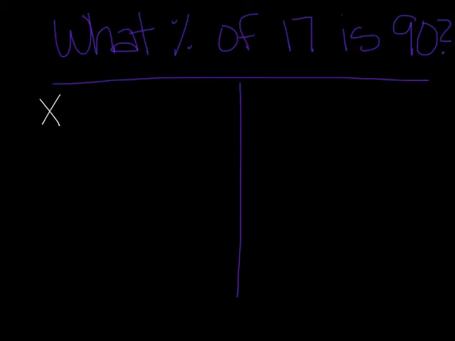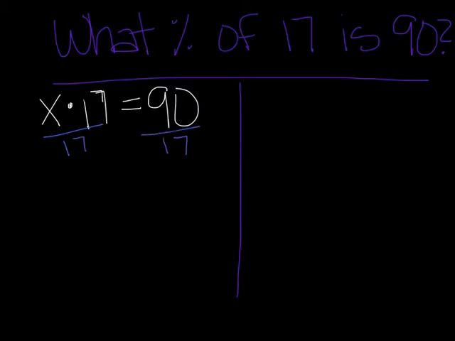What percent of 17 is 90? Okay, so if we divide both sides by 17, we get x equals 90 divided by 17, which is 5.29. And remember, since we're dealing with percents, we need to move that decimal over 2 places to the right.